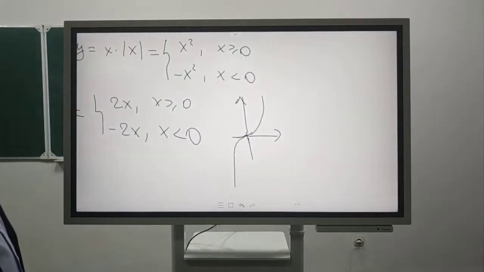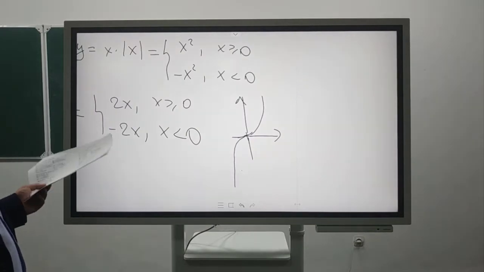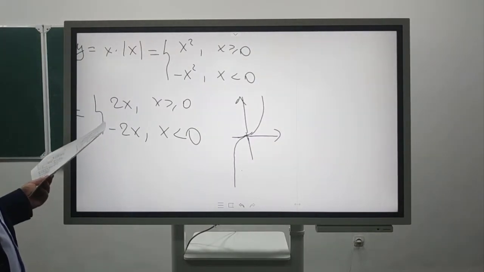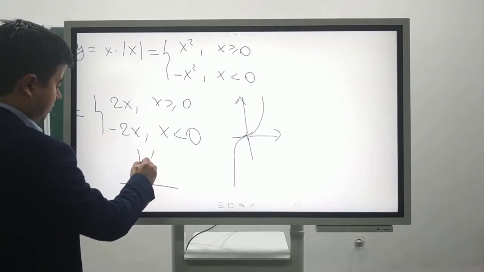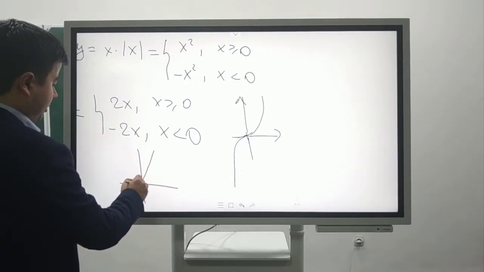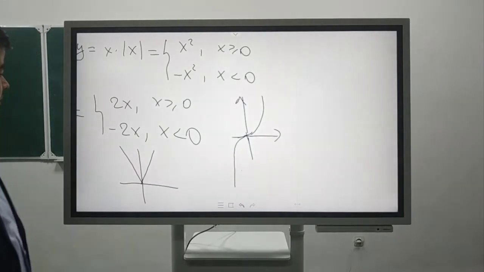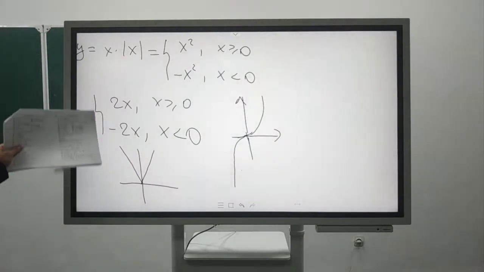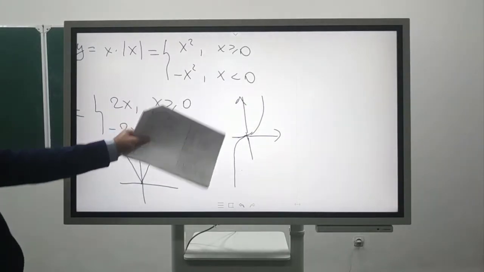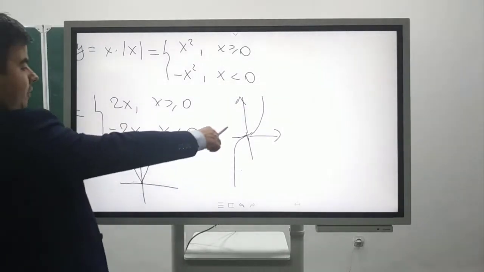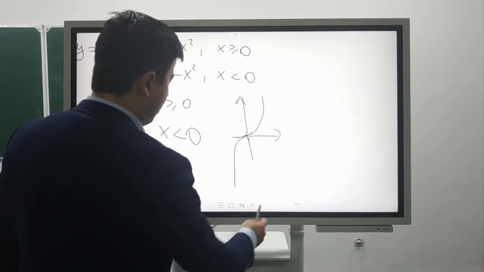This is the graph of the given function, and we can find this here. We have minus 2x and minus 2x. It is like this and like this one. So this is the graph of y prime, the derivative of y. This one is the graph of y.